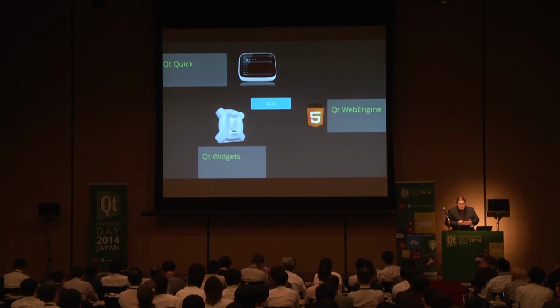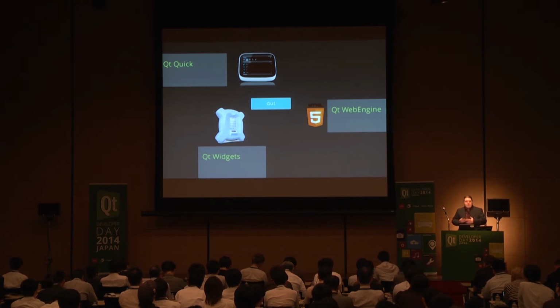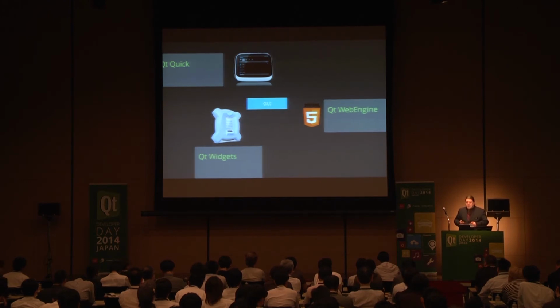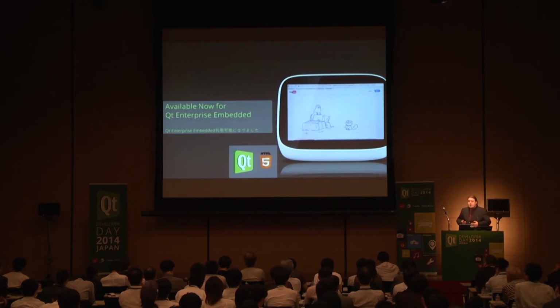Finally, as important as native is, like in the last presentation you heard from the automotive industry, HTML5 is still very important in a lot of industries and in use cases. So we don't want to exclude that. We don't want you to need to make a choice. We want to welcome HTML5 as a first-class citizen to Qt-powered devices through our Qt Web Engine offering. So Qt Web Engine, like you heard, is going to be available already this week for enterprise embedded.